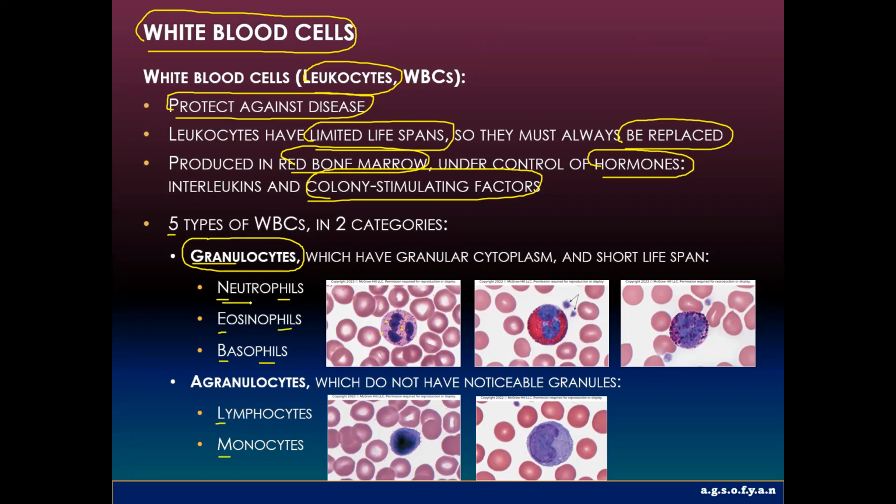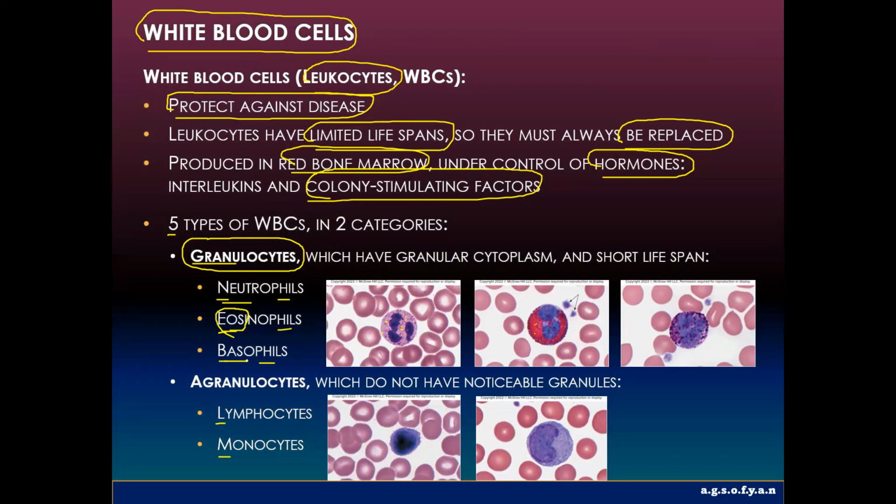Neutrophil, it is neutral. It means that the granule is smaller. It's a really small granule and neutral in color. Eosinophil has red granules. Eosin actually means red, so red granules.